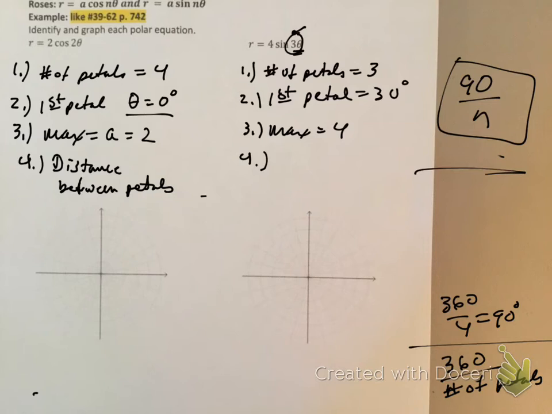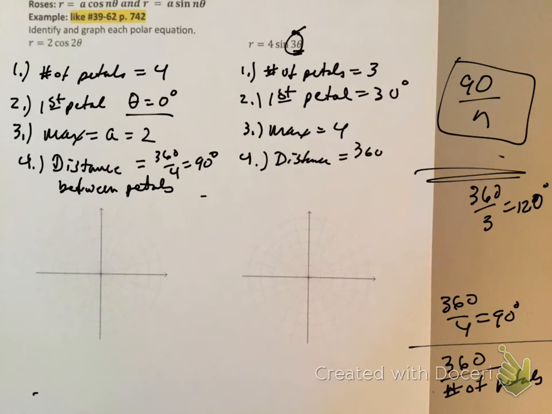For this one over here, this is going to be 360 divided by 3, and it's going to be 120 degrees between petals. So this one is 360 divided by 4, or 90 degrees. This one, the distance between petals is going to be 360 divided by 3, or 120.